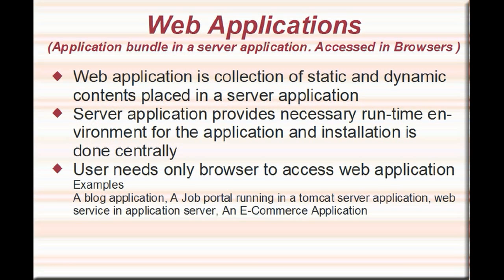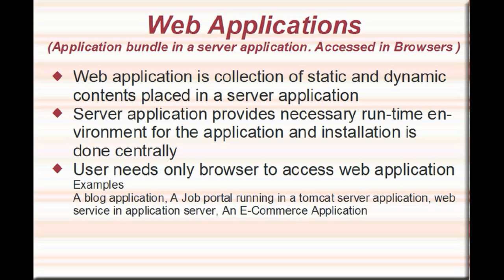Then we have web applications. A web application is a collection of static and dynamic contents placed in a server application, and we access them in browsers like Chrome, Internet Explorer, Mozilla, Safari, etc. The server application provides the necessary runtime environment to the web application.